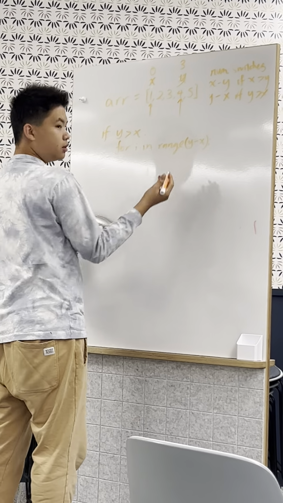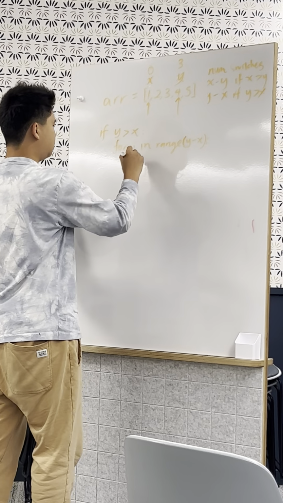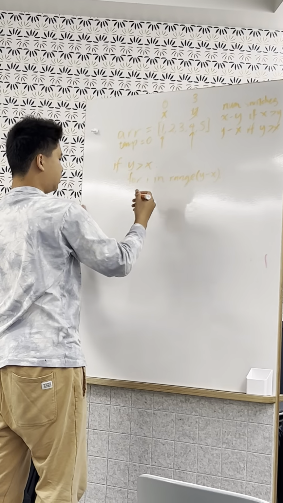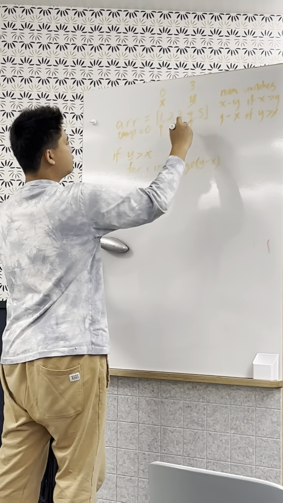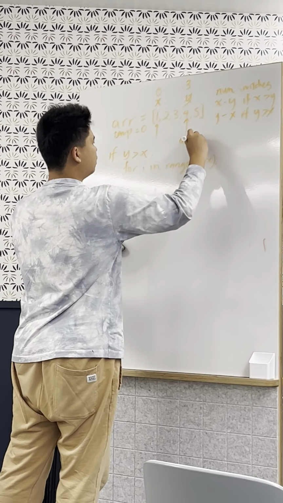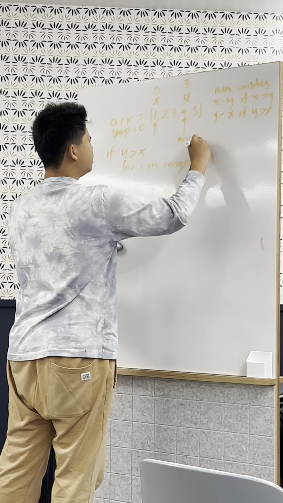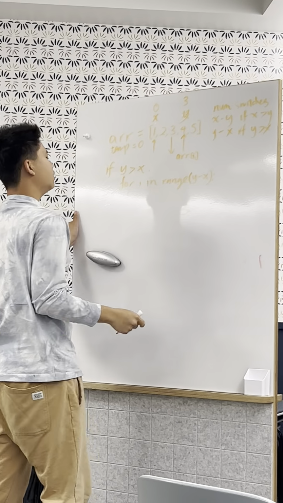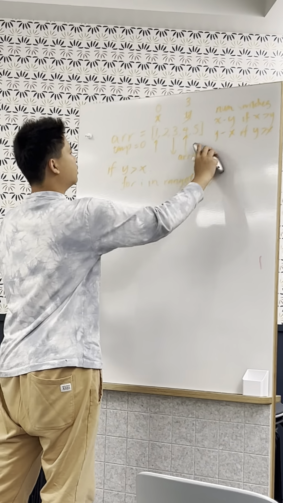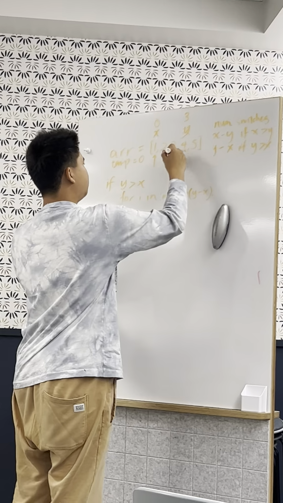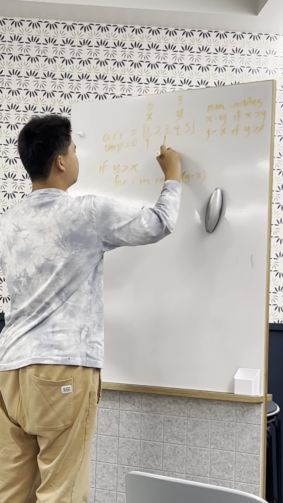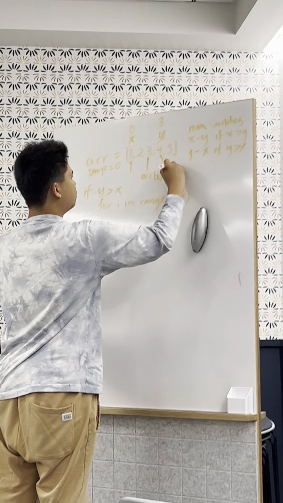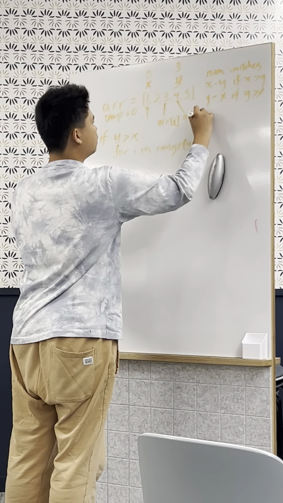We went over this a couple classes ago, but you'd have a temp variable here equals 0. And first of all, this is array i. Okay, so if 3 is array i, then 4 would be array of i plus 1.